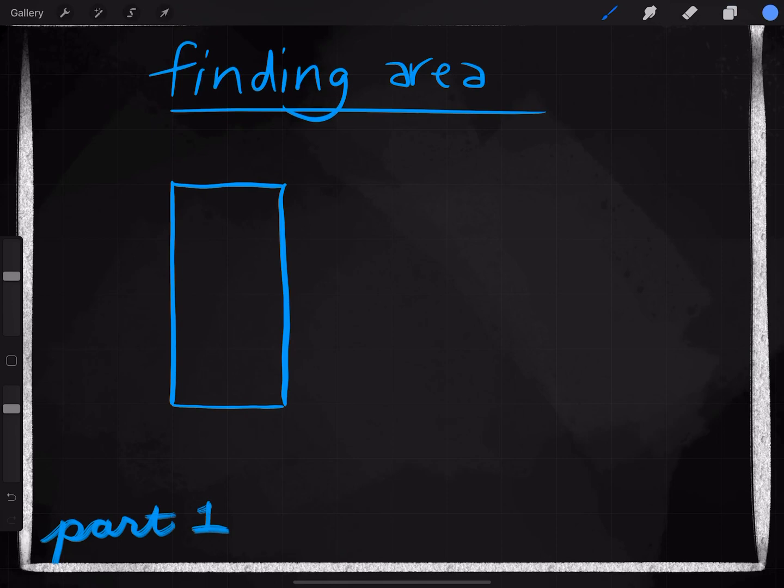You can also start with a rectangle like this, and it might not have all the dividing lines drawn. So if you wanted to count this one, you can draw in these lines, and then you can count.